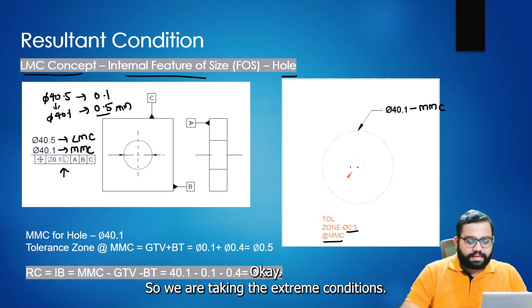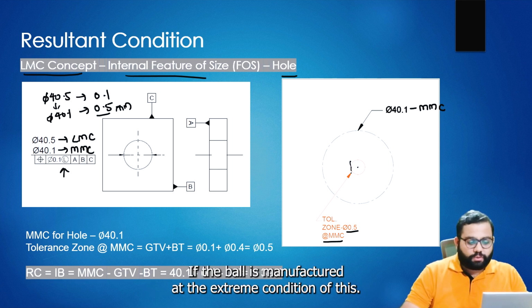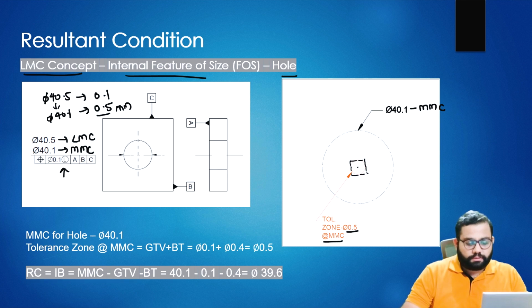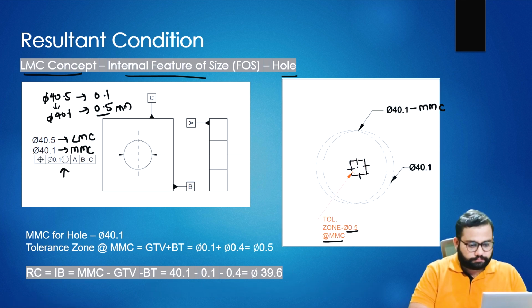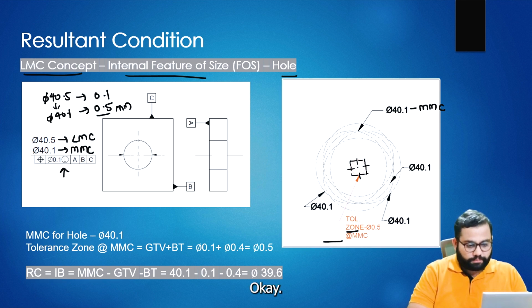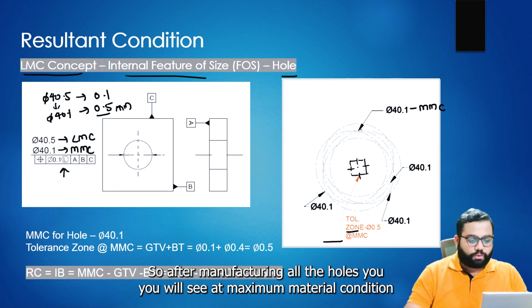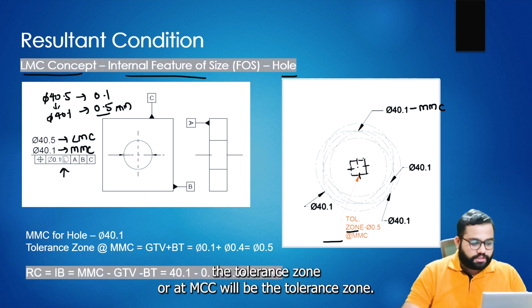So we are taking the extreme conditions, if the hole is manufactured at the extreme condition of dia 0.5. At this point, this point and this point, we are taking 4 extreme conditions.